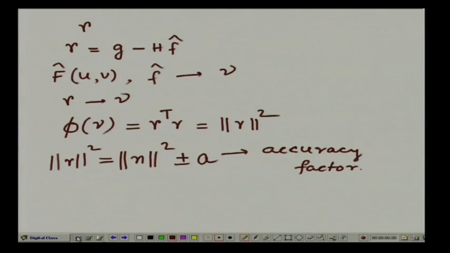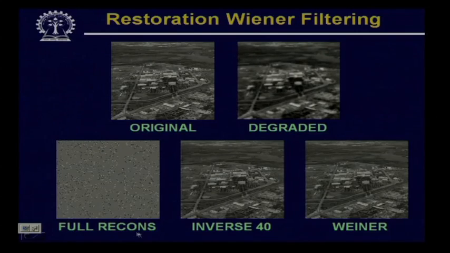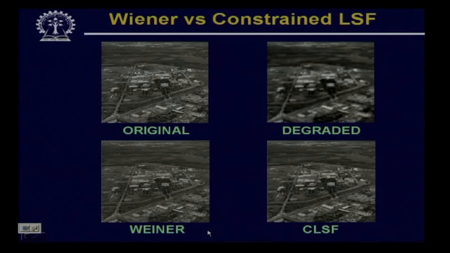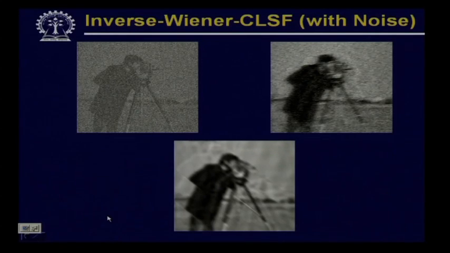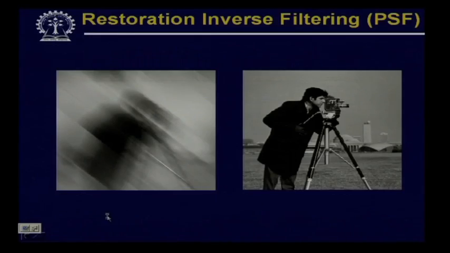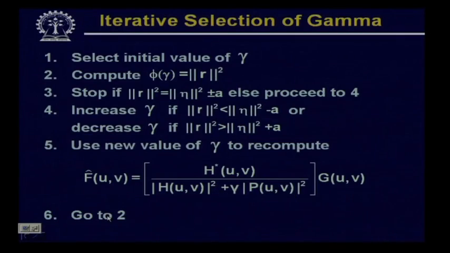Now, given this background, an iterative algorithm for estimation of the value of gamma can be put like this. You select an initial value of gamma, then compute phi gamma, which is the Euclidean norm of r. Then you terminate the algorithm if r square is equal to eta square plus minus a.